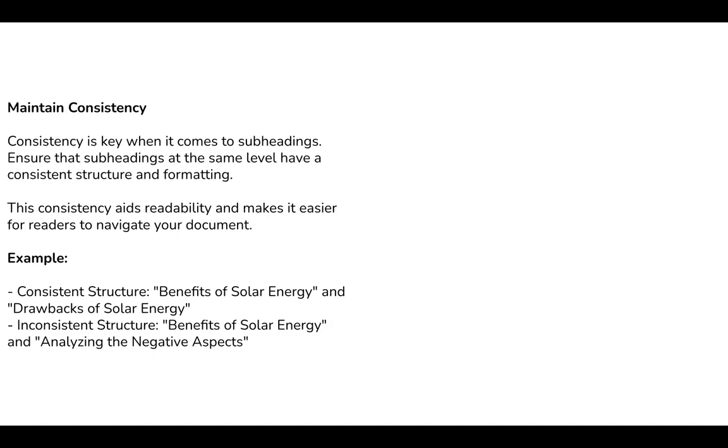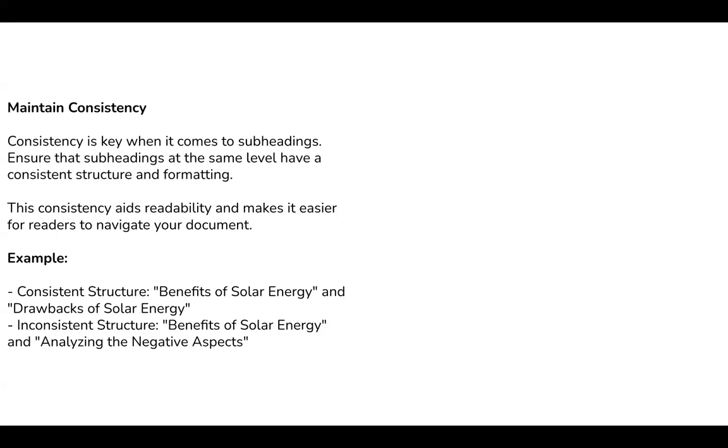Right. So the inconsistent structure would look like benefit of solar energy. Then in the next one, where I wanted to talk about drawbacks, you instead said something like analyzing the negative aspects. They'll be like, what are we talking about here? So just make it consistent.